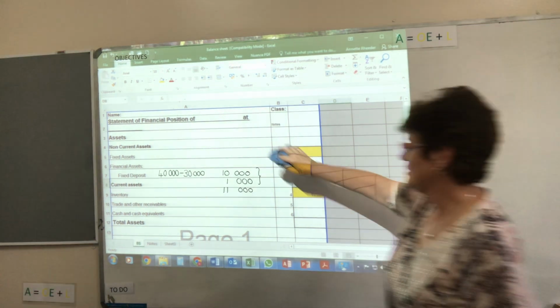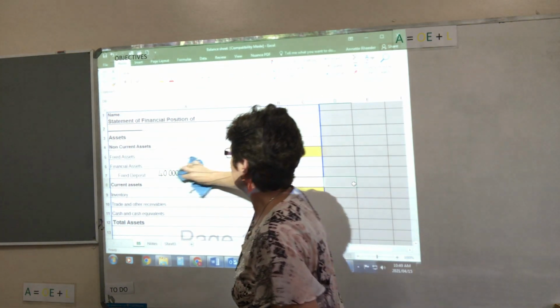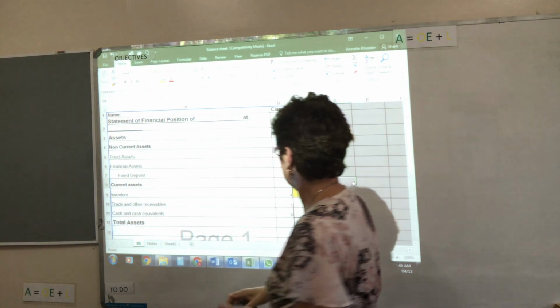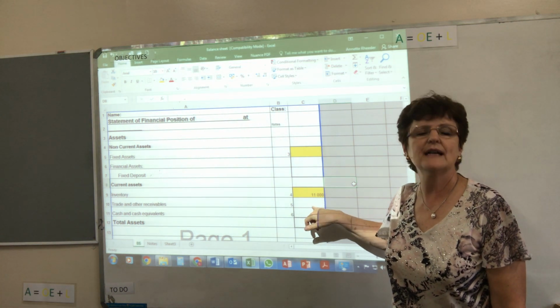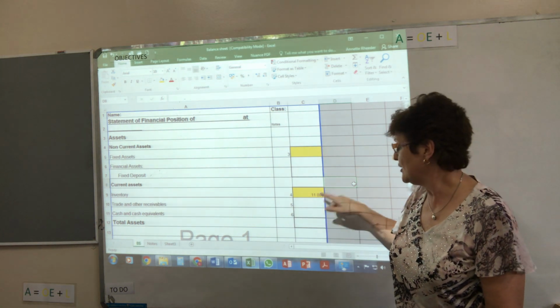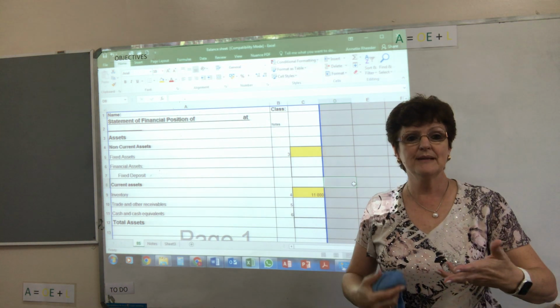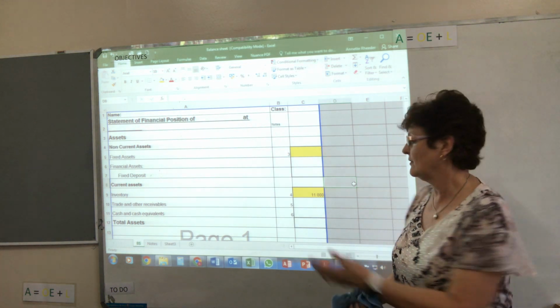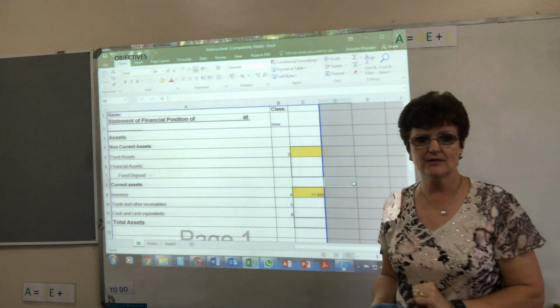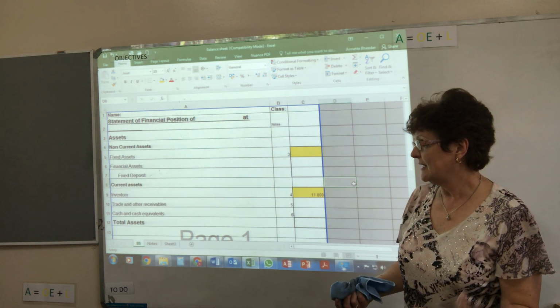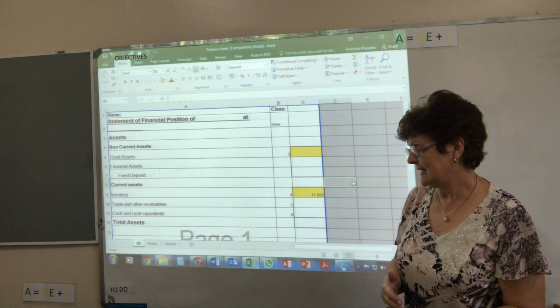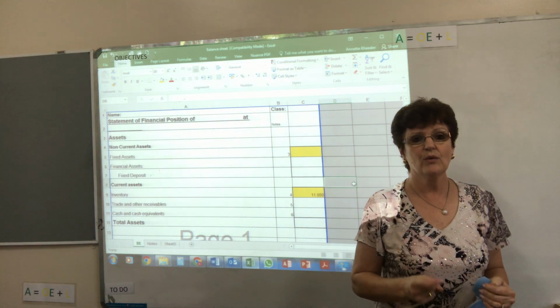So if I do want to know where this 11,000 came from, I then look at the note. And in the note, there will be the detailed explanation of how I got this 11,000. So we dealt now with the next note in the statement of financial position called inventory.